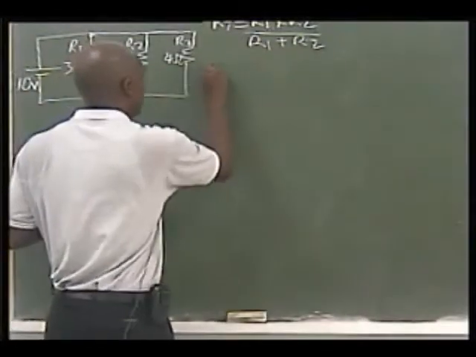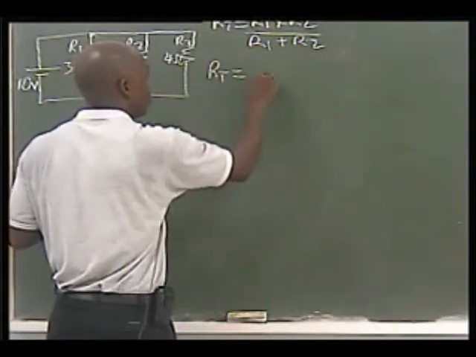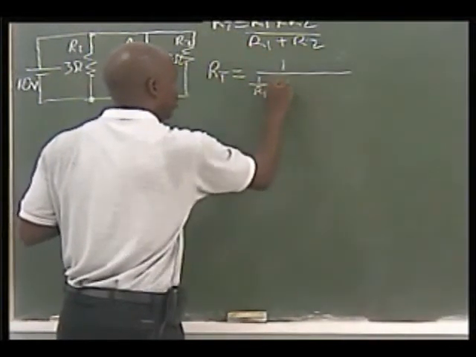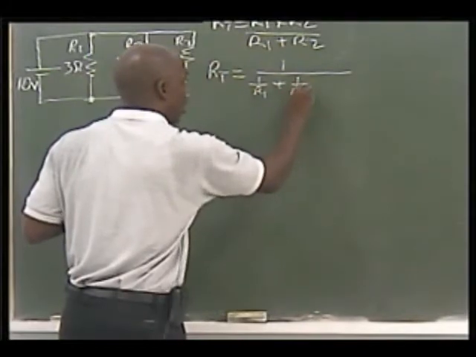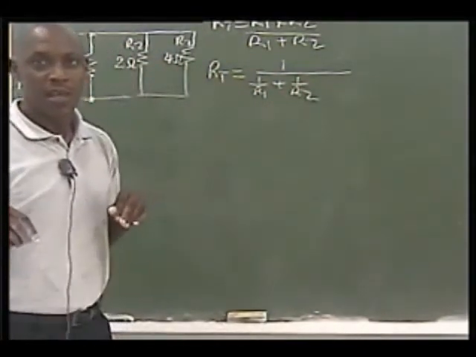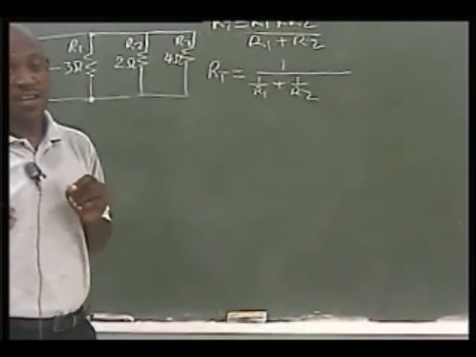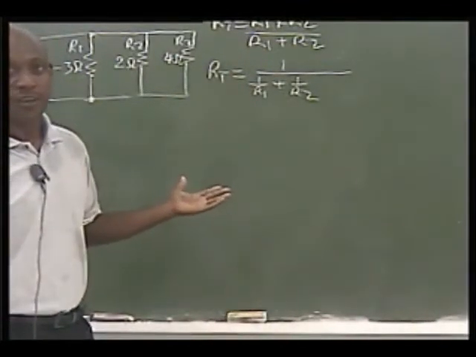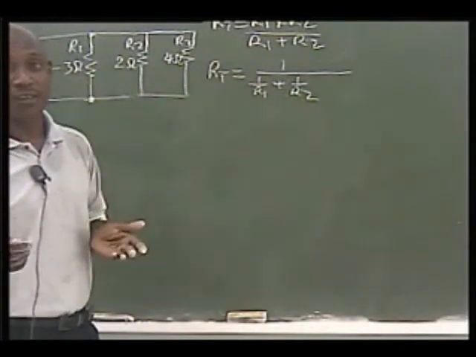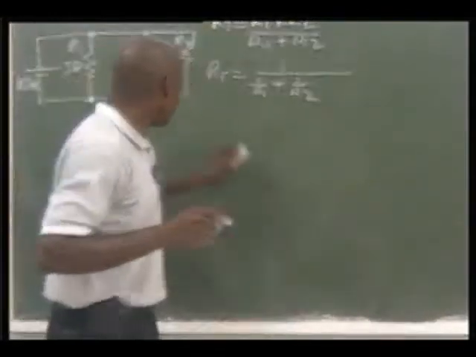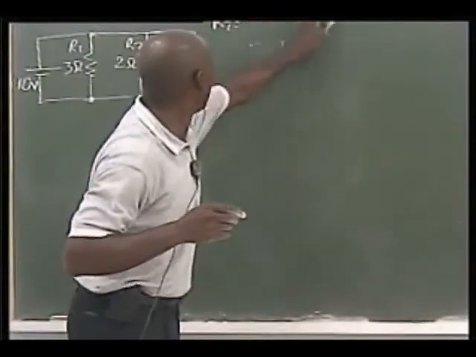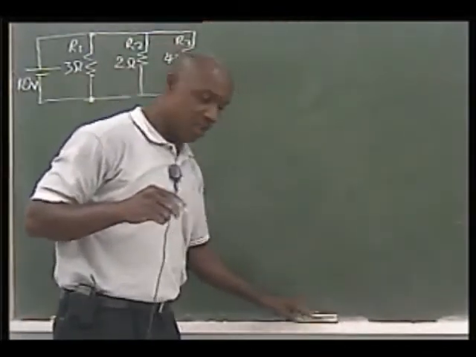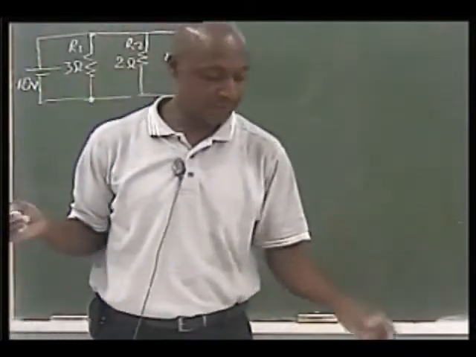The next one says that RT is equal to 1 over R1 plus 1 over R2. These are your two choices of formulas that you can use. They both give you the same answer. It's just a matter of which one you are comfortable with. Okay? So we are going to use both of them for our case, just for me to show you that it's going to work out to be the same thing.